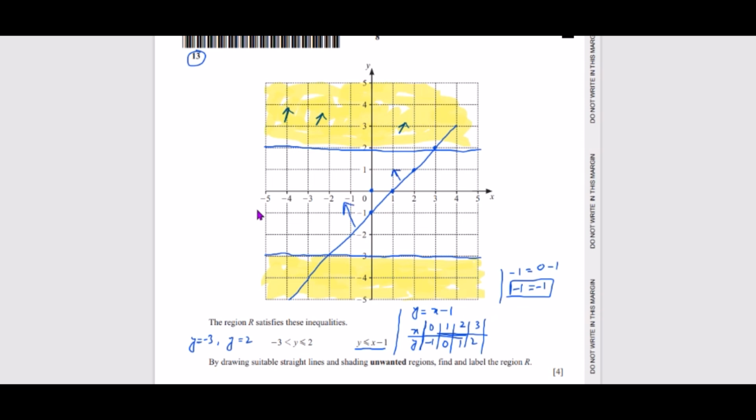So shade this area. The remaining area is the region R.